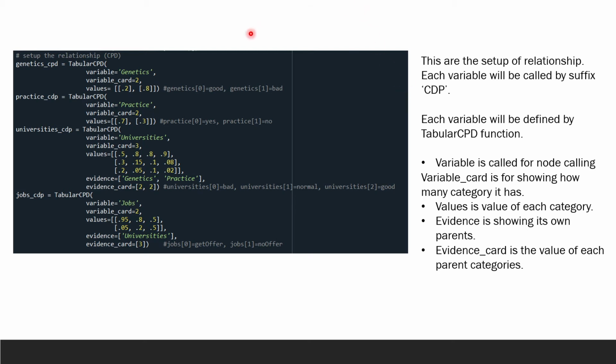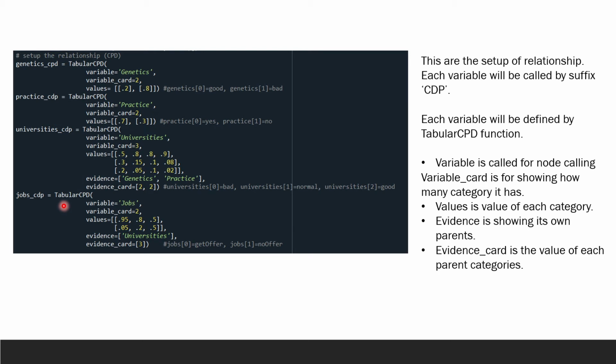Additionally, we have genetic CPD, practice CPD, university CPD and job CPD. Each variable will be defined by the TabularCPD function.